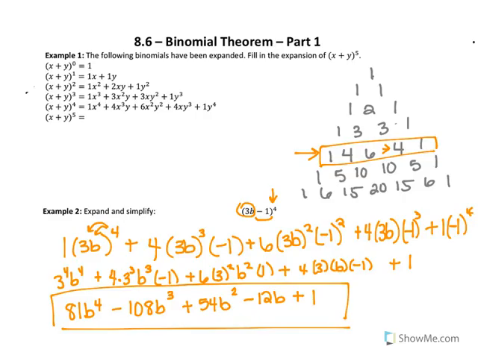Okay, we're going to simplify this one. Same exact thing, thinking back to Pascal's triangle. We're doing to the power of 3, so we're going to use this row: 1, 3, 3, 1. I'm just going to write that down. This counts as my x term, and this counts as my y term.